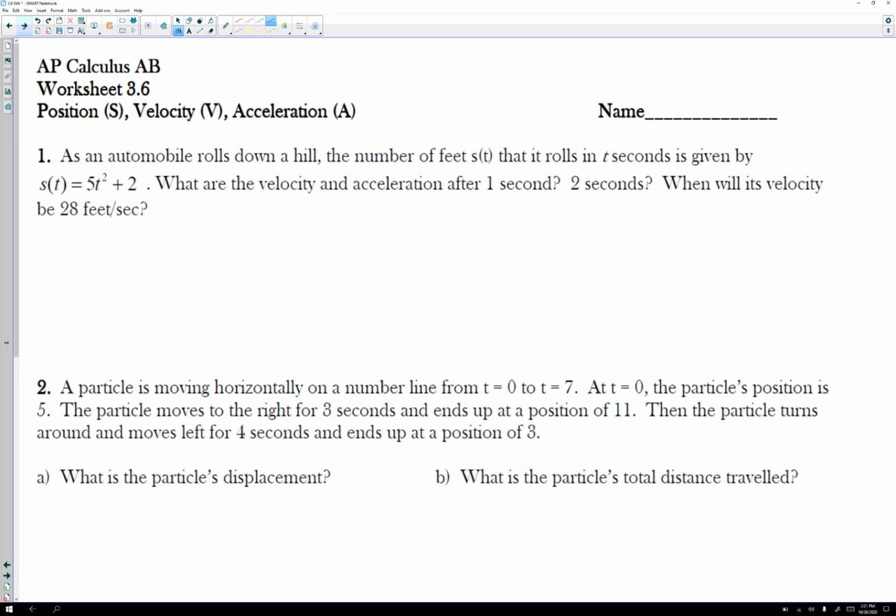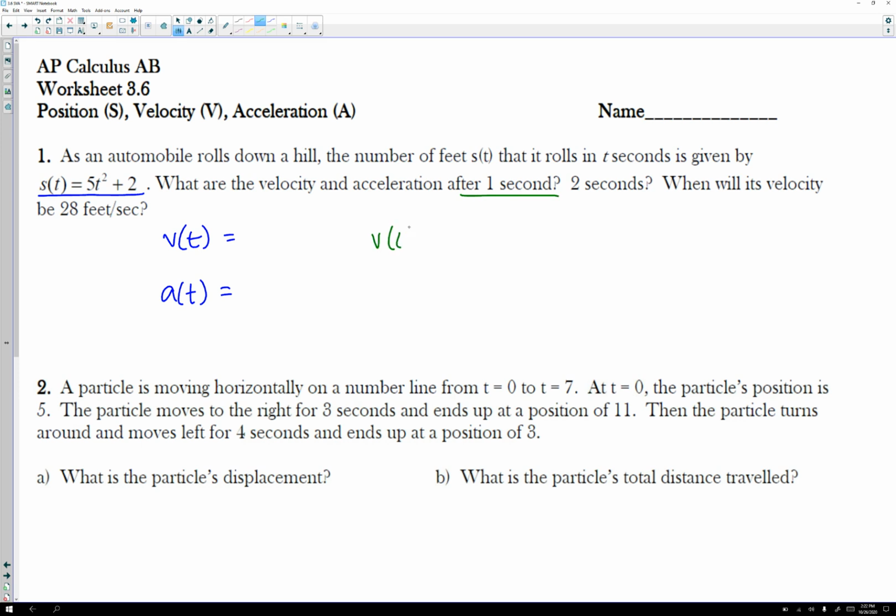Number 1 is not the horizontal particle motion. It talks about an automobile running down the hill. That's okay. It says, what are the velocity and acceleration after 1 second, 2 seconds, and when will its velocity be 28 feet per second? You're given this position function, go ahead, take the derivative, find velocity, take the derivative again, find acceleration. What are the velocity and acceleration after 1 second?